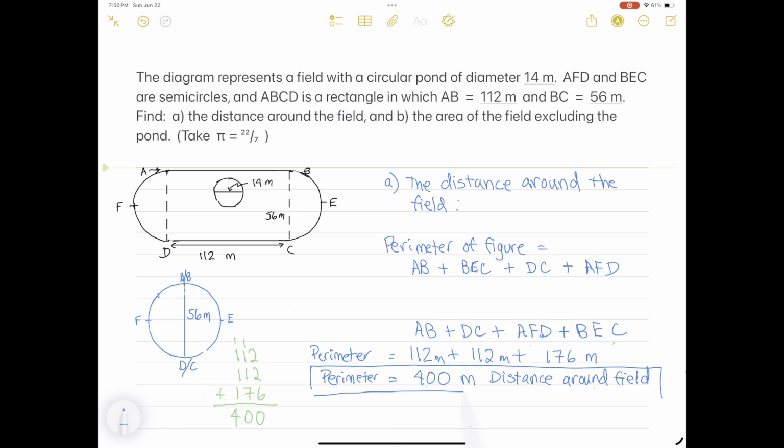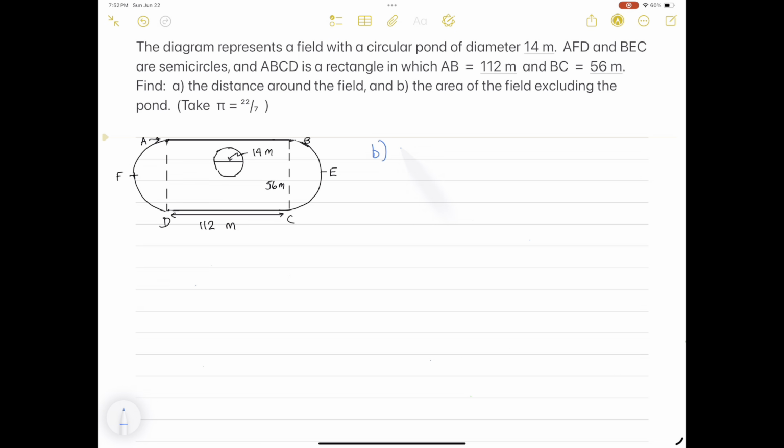So now I have solved part A of the problem and am ready to tackle part B, which is the area of the field excluding the pond. So I write B is the area of the field excluding the pond, just to be clear in my own mind what it is I am solving for.